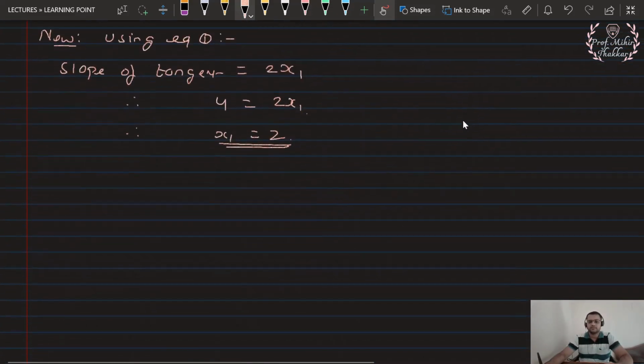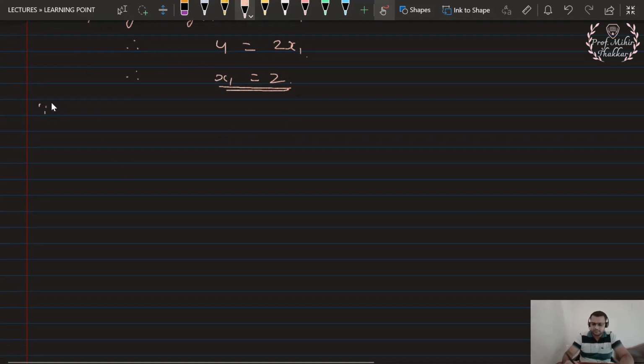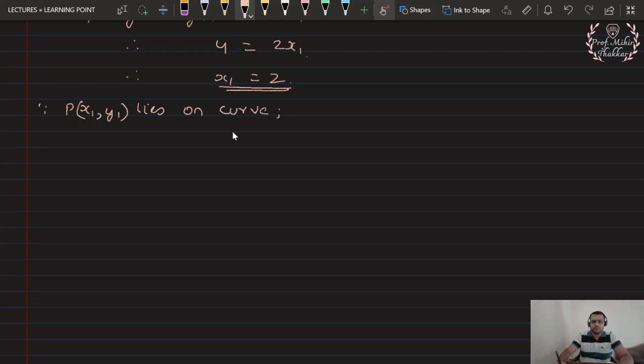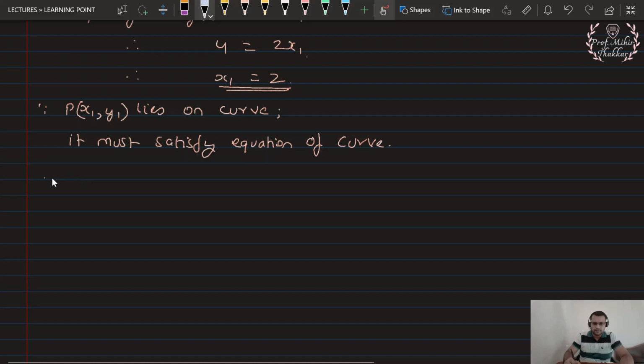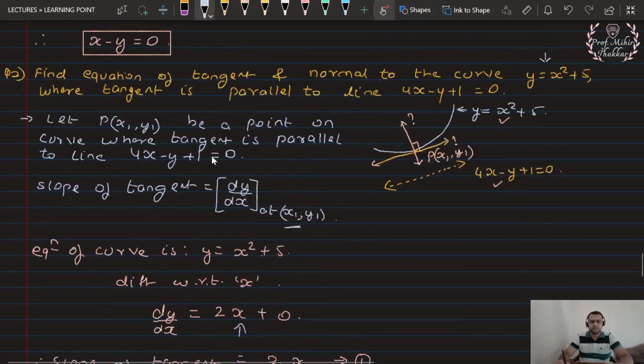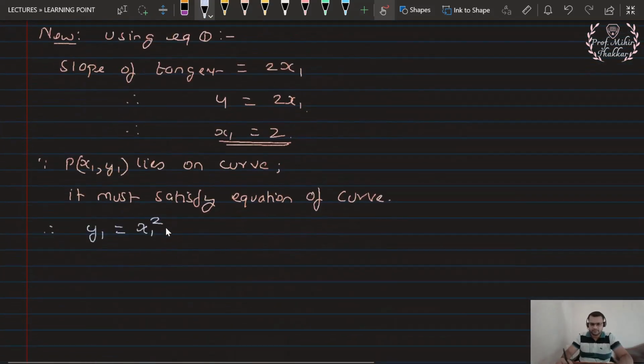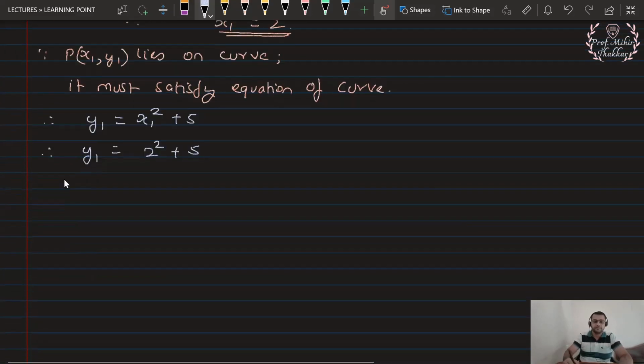We will say over here, since P(x1, y1) lies on the curve, it must satisfy equation of the curve, therefore y1 is equal to x1 square plus 5, therefore y1 is equal to 2 square plus 5, and hence y1 is equal to 9.